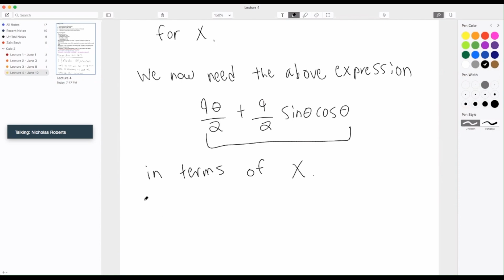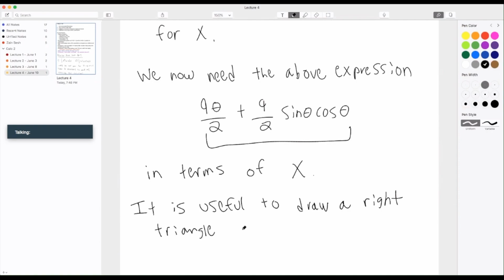So how do we do this? Well, the strategy is it's good to draw a right triangle, using the fact that x is equal to 3 sine theta.